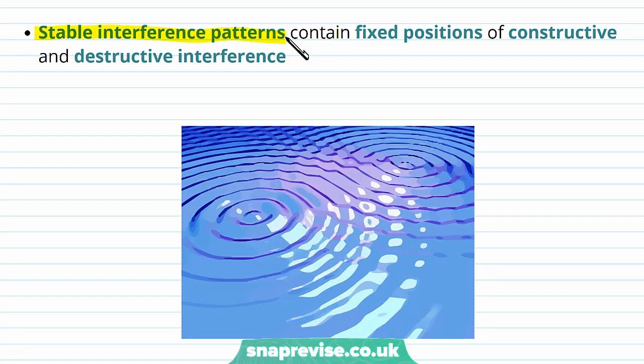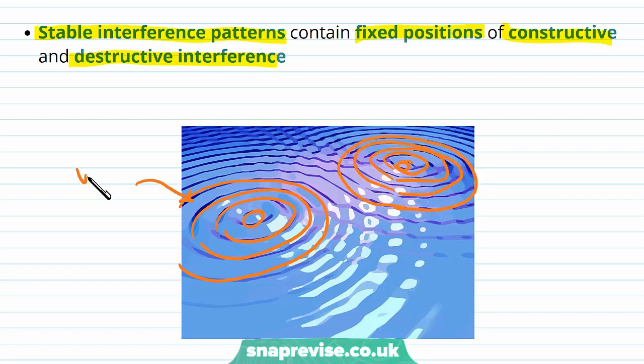Stable interference patterns contain fixed positions of constructive and destructive interference. So for example, if we consider the ripples produced by our dippers, which we can draw in here, these are the wave fronts. Because the dippers are both vibrating at the same frequency, the ripples produced also have the same frequency.